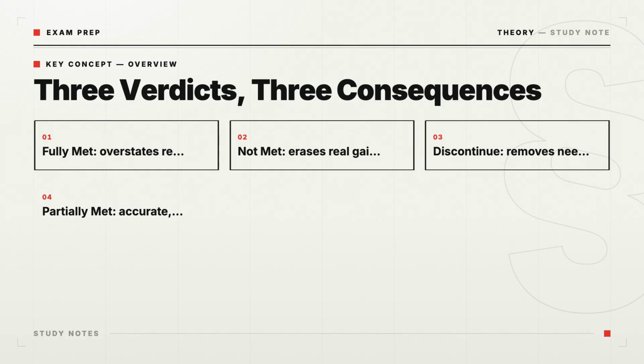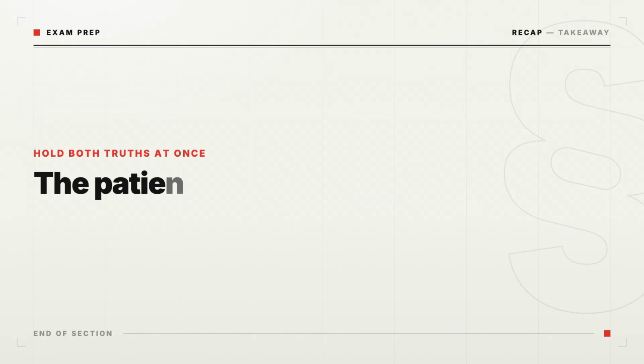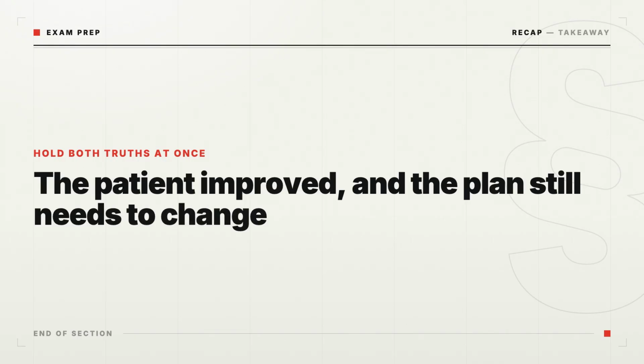Discontinuing is worst of all. It strips away a clinically necessary mobility goal that fights pneumonia and blood clots, just because it was hard to reach. On exam day, watch for mixed results, real progress that still falls short of the stated numbers. That combination signals partially met, with revision as the required next step.